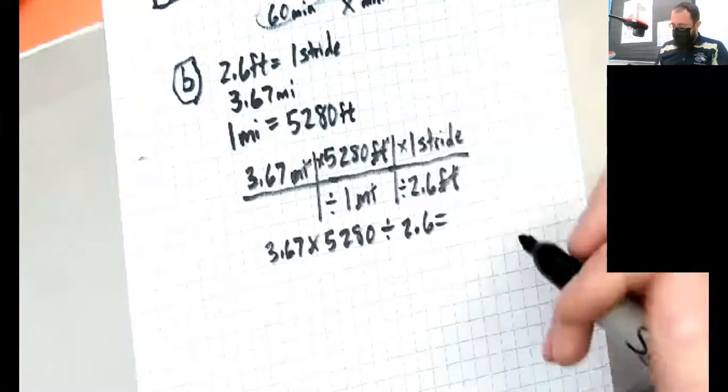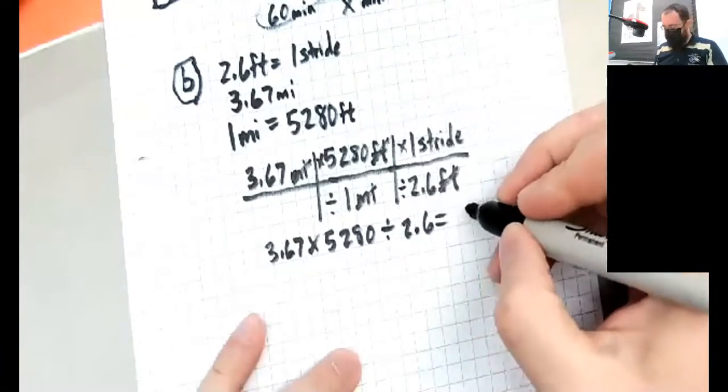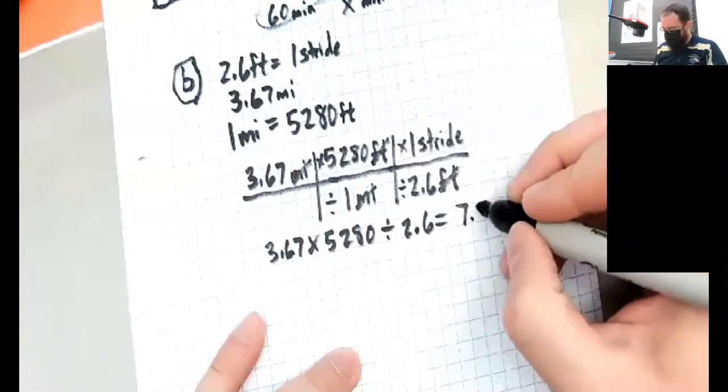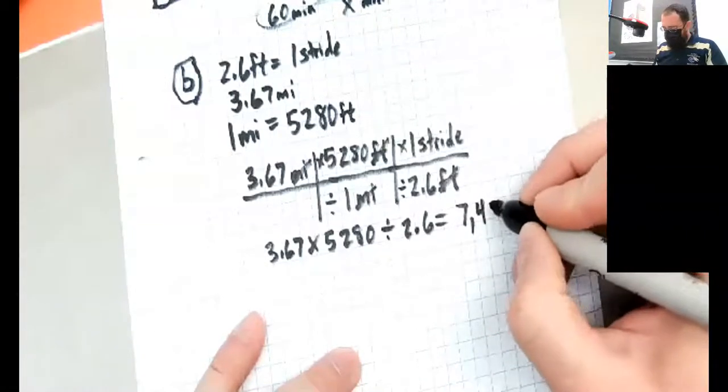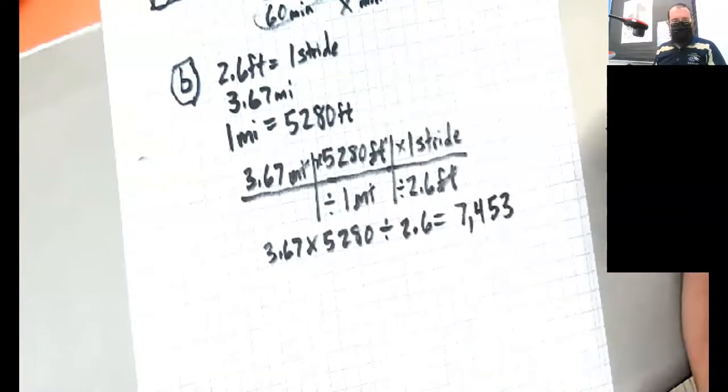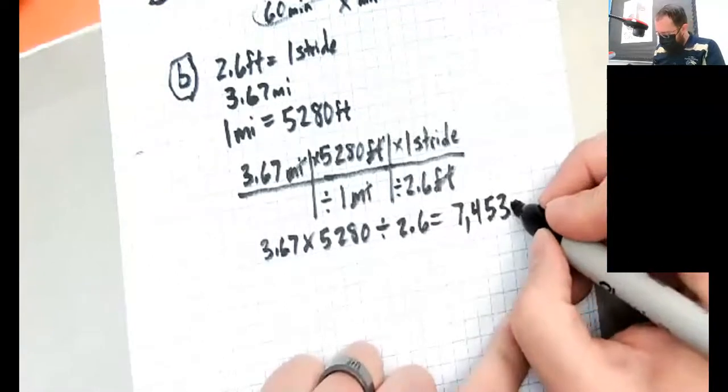Is that right? 7,452, yeah, and then 0.92. Oh, 0.92? Okay, so then 7,453, because you can't have part of a step. You've got to make a full step. So there we go. Good.